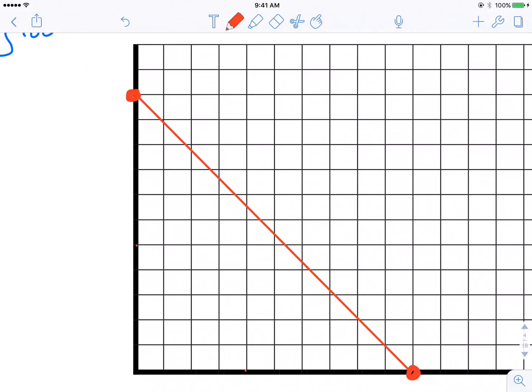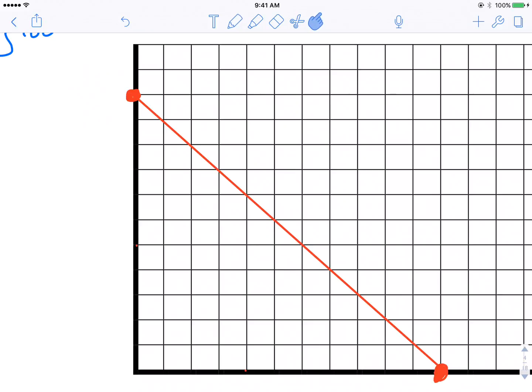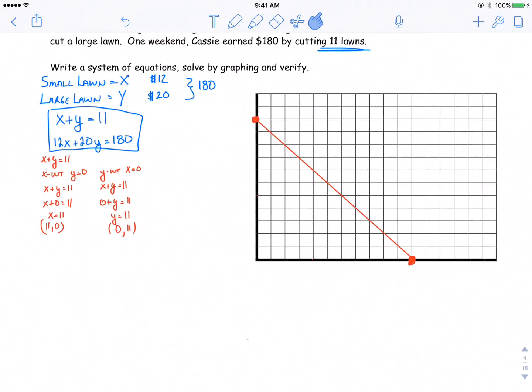Y: 2, 4, 6, 8, 10, because I can't count. That's not 11. 2, 4, 6, 8, 10, 11. There we go. Now I have that first graph completed.